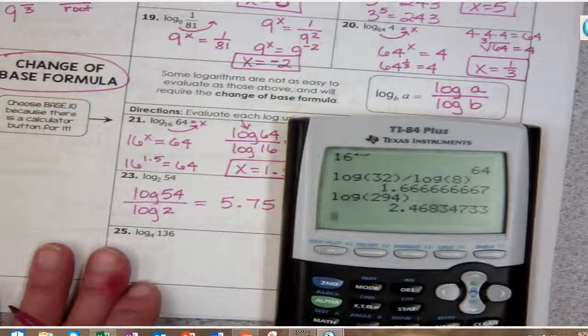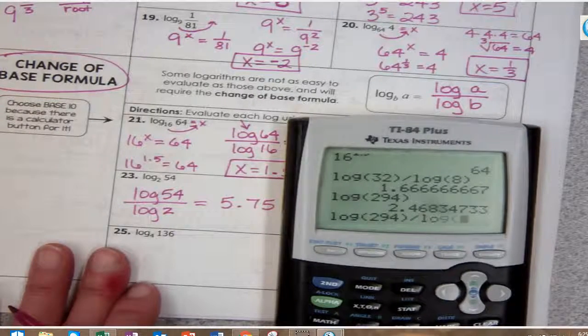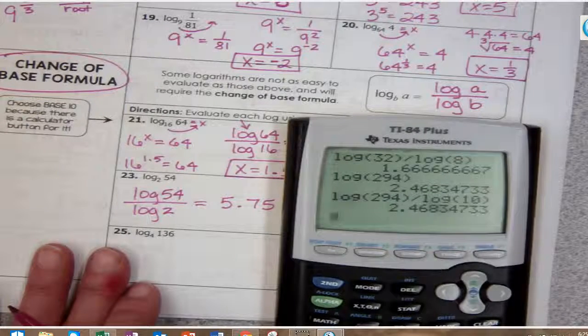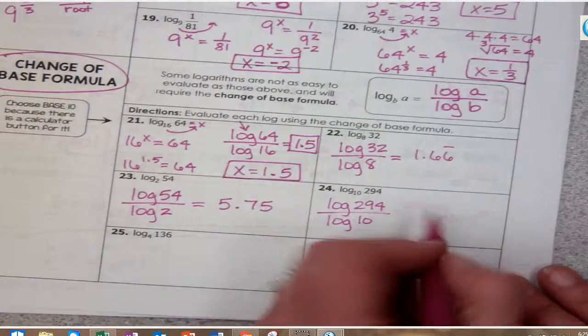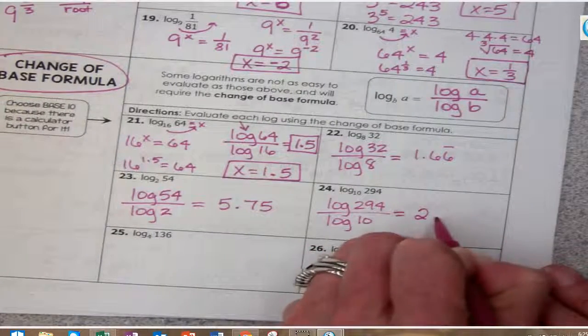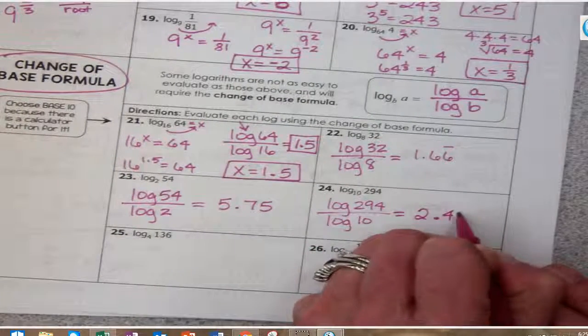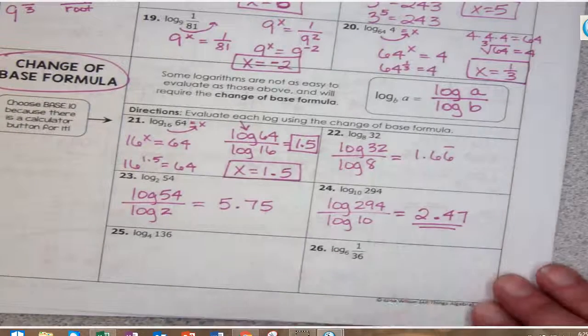That should be the same as log 294 in parentheses divided by log base 10. It's 2.47 if I round to 2 decimal points.